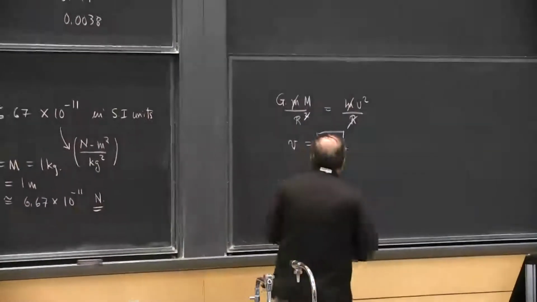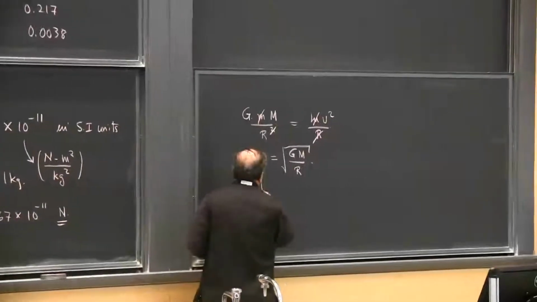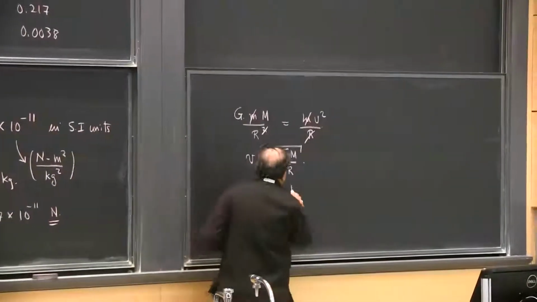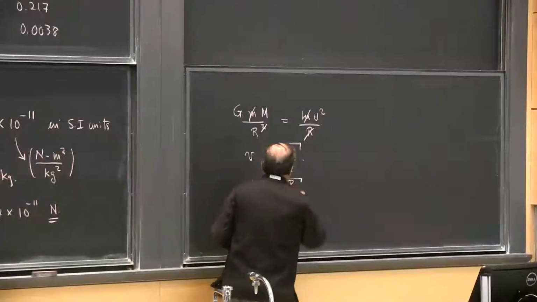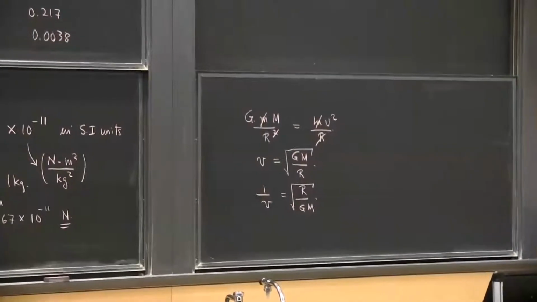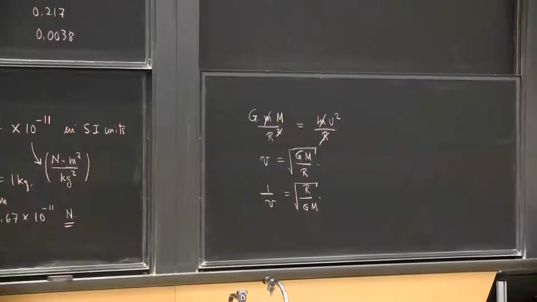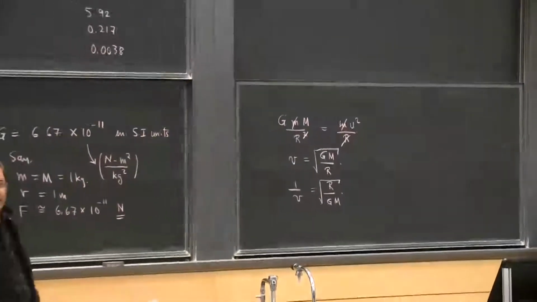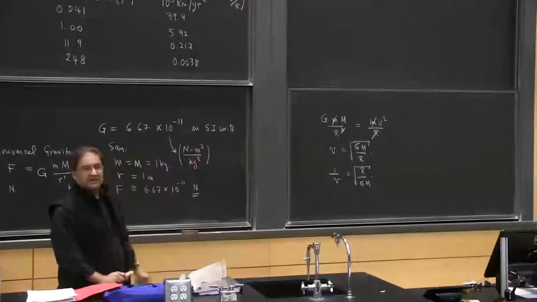Just for convenience, let me also write 1 over v, and that would be the square root of r over GM. One implies the other. What unit would you use for speed in this case? Anything that is convenient. For the Earth, we normally use kilometers per second or meters per second.